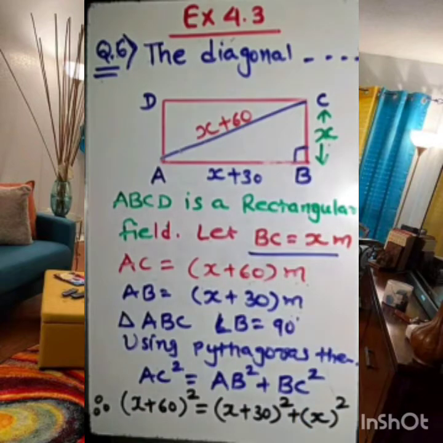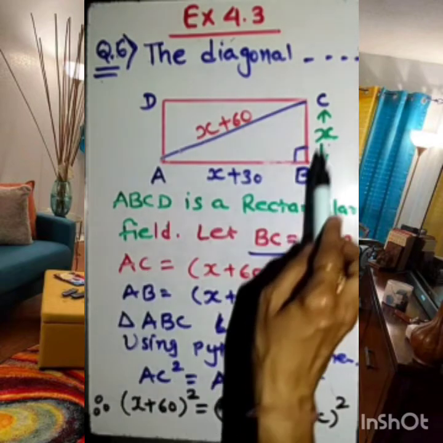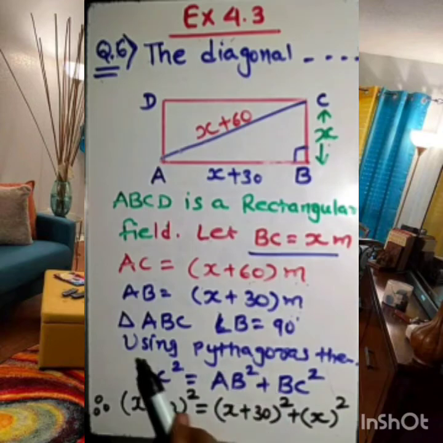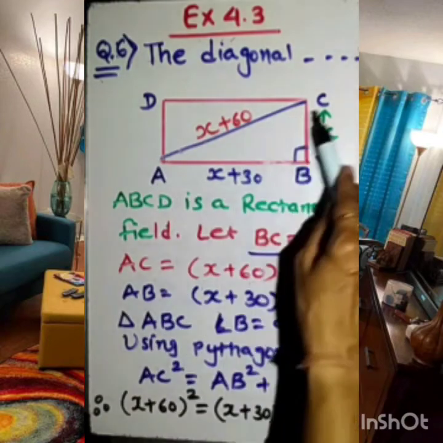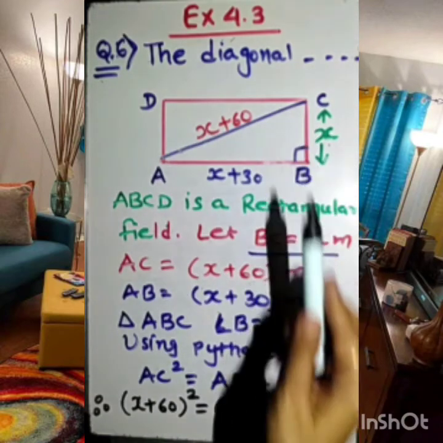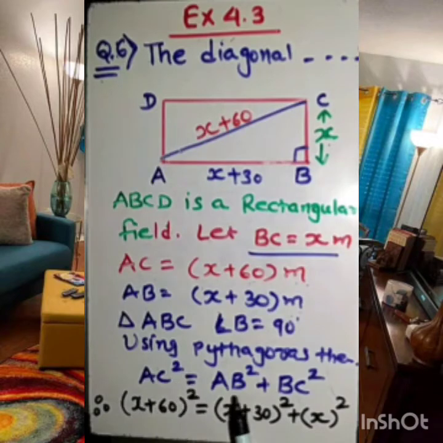So we are considering triangle ABC. Using Pythagoras theorem, AC is the hypotenuse, so AC square equal to AB square plus BC square. Putting the values, AC equal to x plus 60, AB is x plus 30, and BC equal to x. Now let's try to simplify.